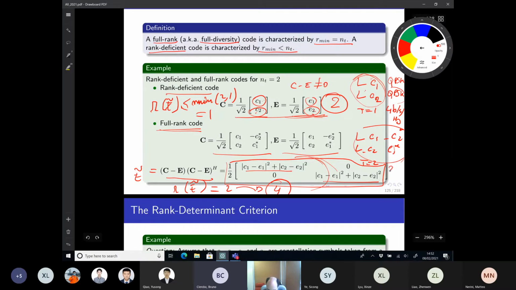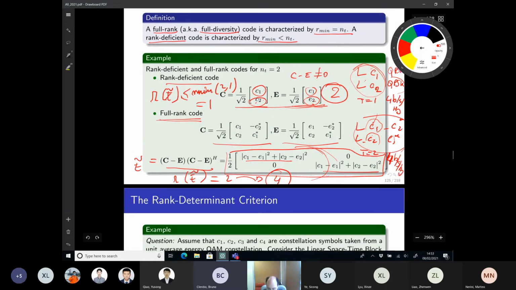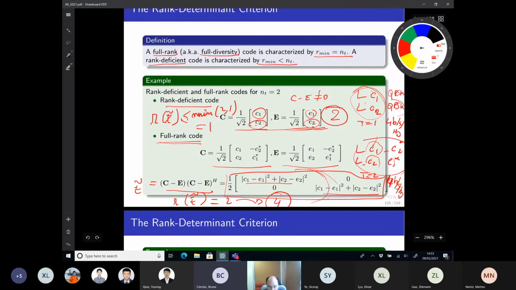So my spectral efficiency will be only 2 bits per second per hertz if I do QPSK. So to have the same spectral efficiency as here, I need to increase the constellation size, and I need to have 16 QAM. So if I use a 16 QAM for C1, a 16 QAM for C2, I have 4 bits per second per hertz for C1, 4 bits per second per hertz for C2. I'm going to have then 4 bits per second per hertz totally for this Alamouti code, right? Then I'm going to have the same as there, right?